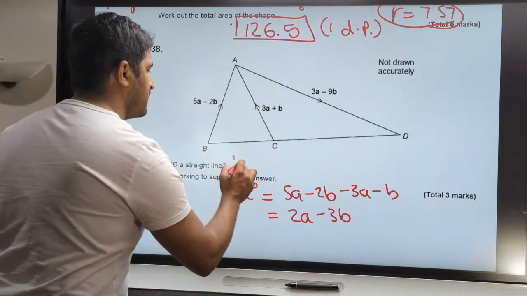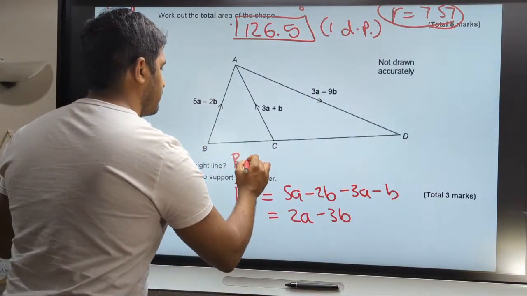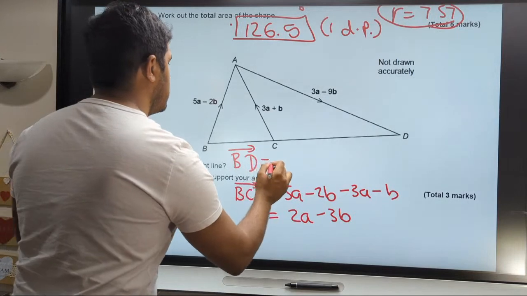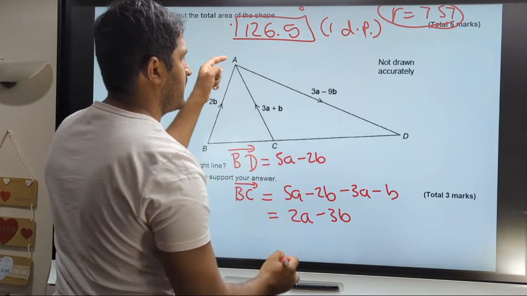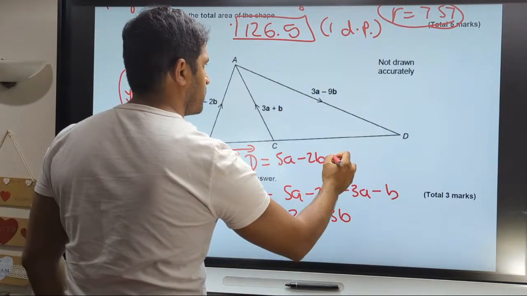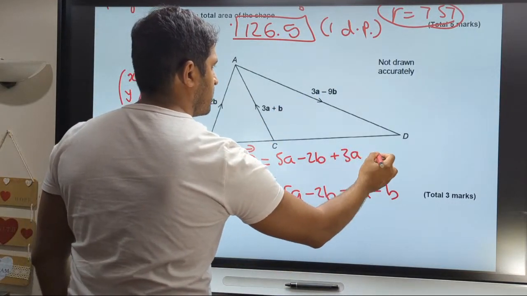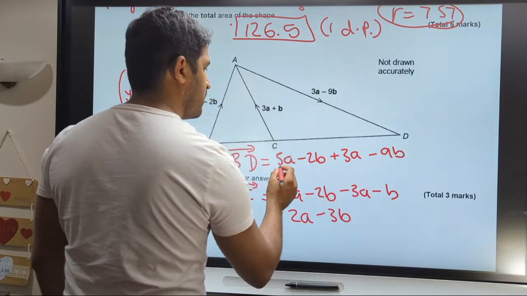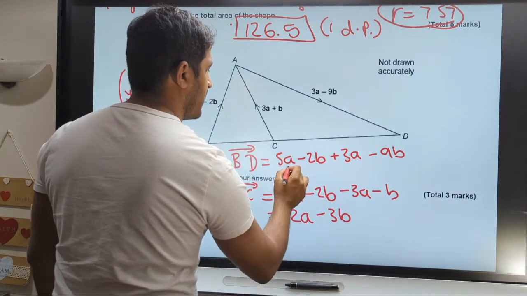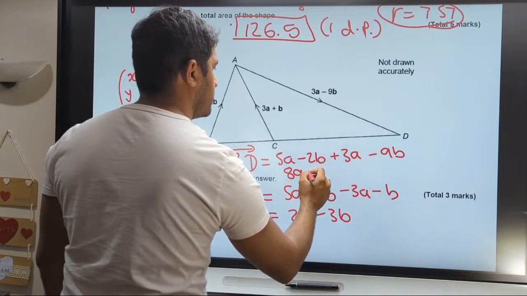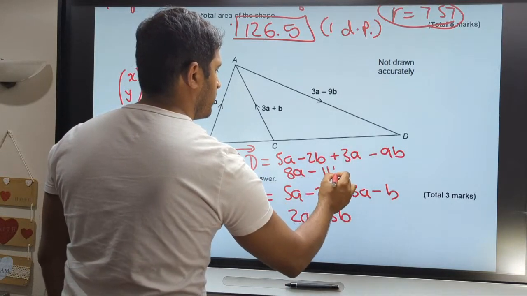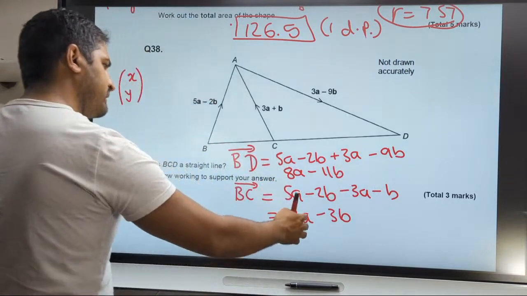So let's work out B to D. So B to D, I'm going same again, 5A minus 2B, and that's going in the same direction, so positive 3A minus 9B. So what do I get here? 5A and 3A is 8A, and minus 2B and minus 9B gives you minus 11B. Very similar things in a way.